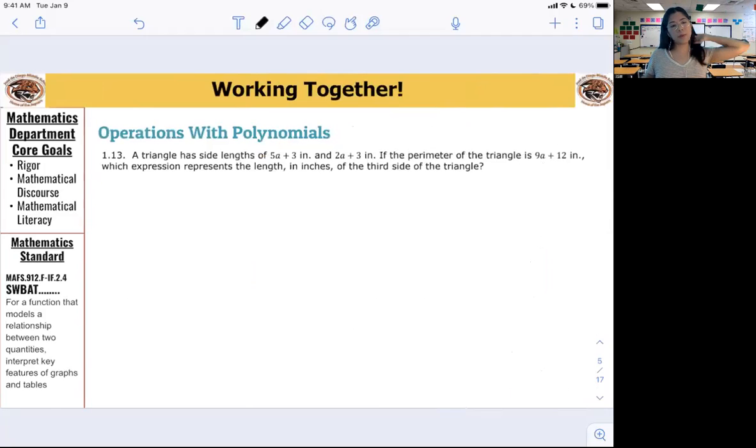Again, we have seen this one before. This is why with our reviews, I'm kind of bringing up older questions to just make sure we still remember how to do it. So who can read our word problem? Who haven't I heard from in a bit? Who's feeling up for it? First day back from break.